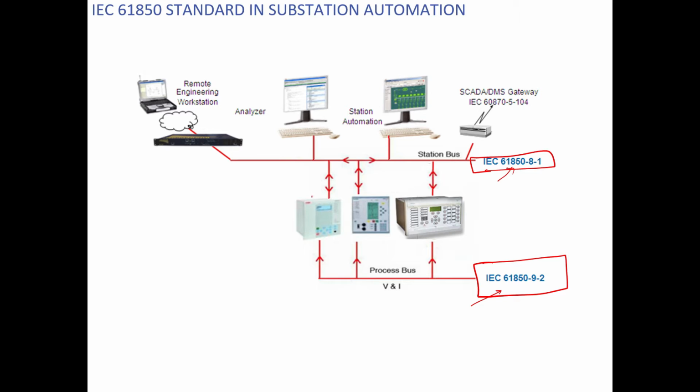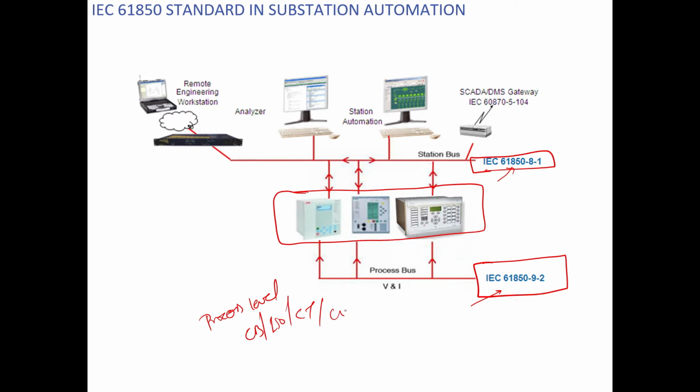for the SCADA system in your substations. Now, these are basically the IEDs, which may be your protection IEDs or control IEDs from different vendors. In case of 61850-8-1, the switchyard equipment, which are called the process level equipment, like your circuit breakers, isolators, CTs, CVTs, step changer, etc. The information, the status, command or measurement values of all these process level equipment are hardwired through copper cable to these IEDs.